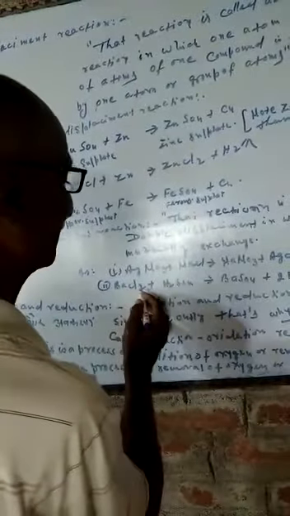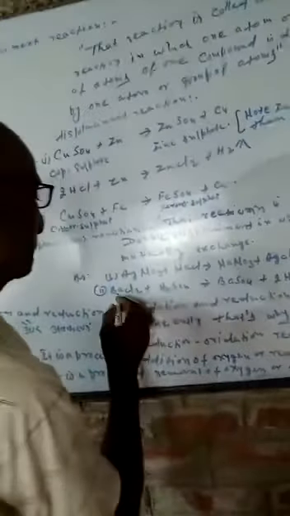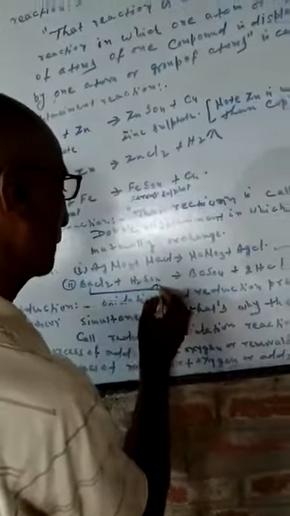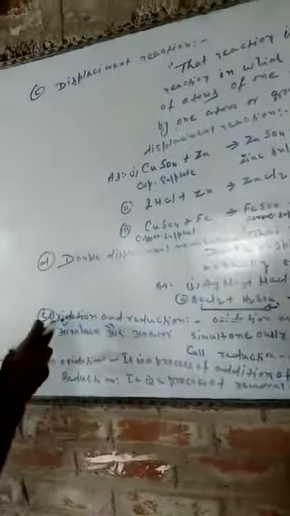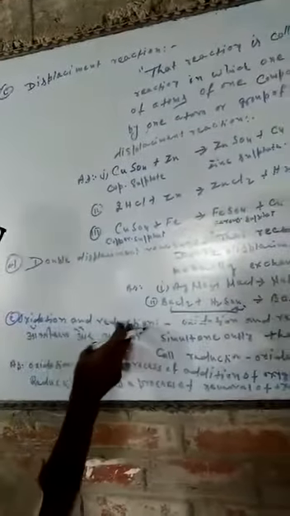Third, BaCl2 plus H2SO4 gives BaSO4, barium sulfate, plus HCl, hydrogen chloride. Fifth, oxidation and reduction.